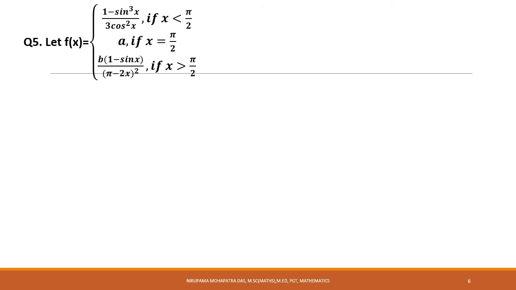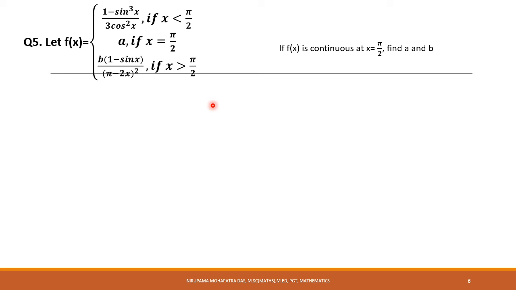So next question, a bit similar, it is in type 2. Let f(x) equal to (1 minus sine cube x) by (3 cos square x) if x less than pi by 2, it is a if x equal to pi by 2, and b into (1 minus sine x) by (pi minus 2x) whole square if x greater than pi by 2.